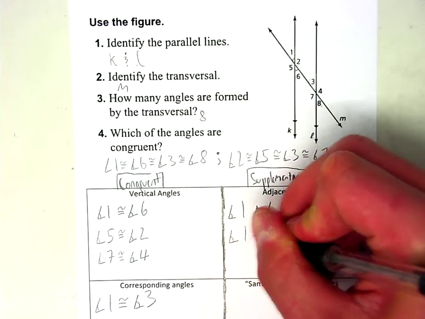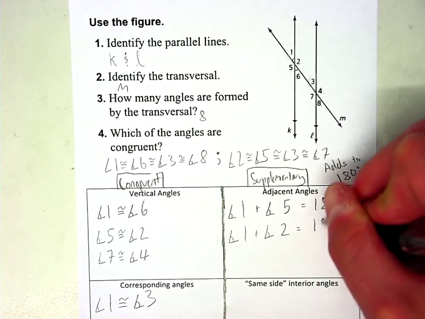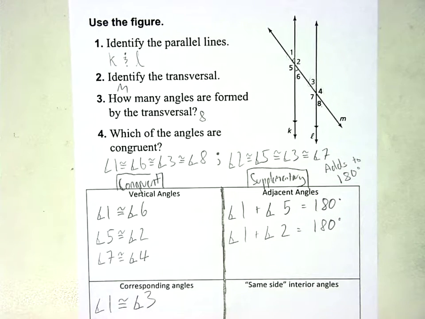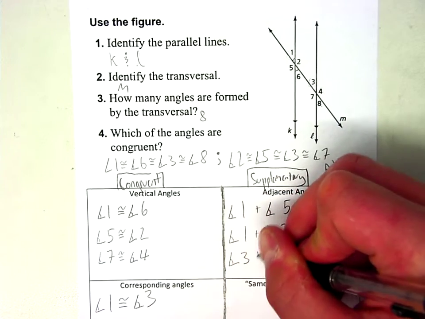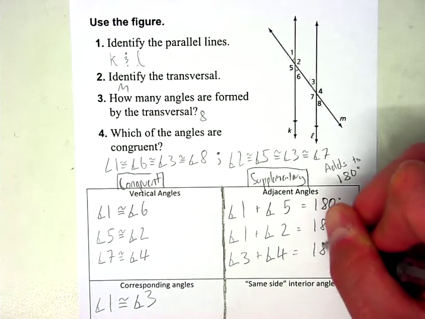I could say angle 1 plus angle 2 is equal to 180 degrees. Absolutely. And there's several other examples. Let's point out one more for me. Go ahead, Willie. Okay, angle 3 and angle 4. Absolutely. Those are adjacent supplementary angles. Good. All right.